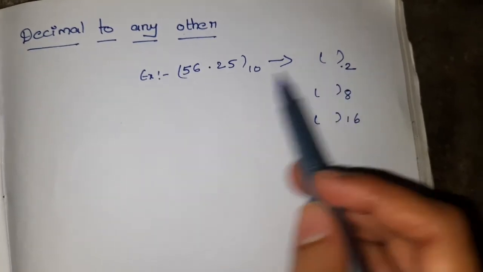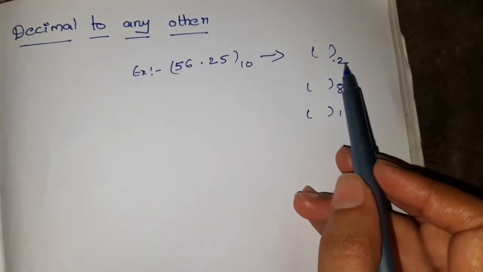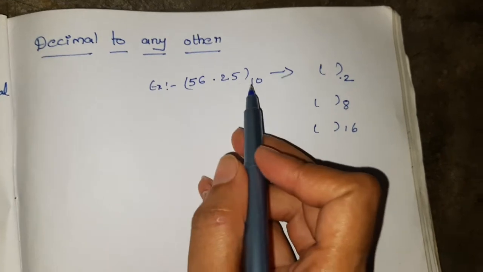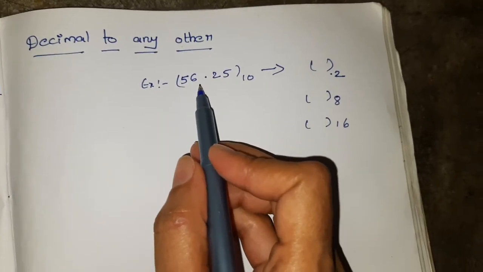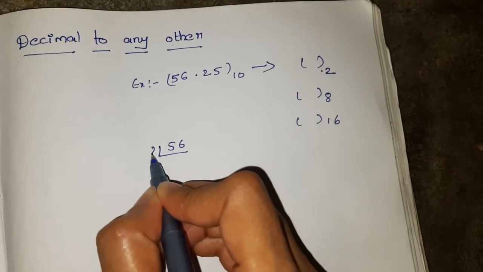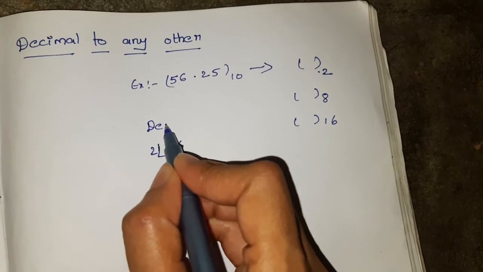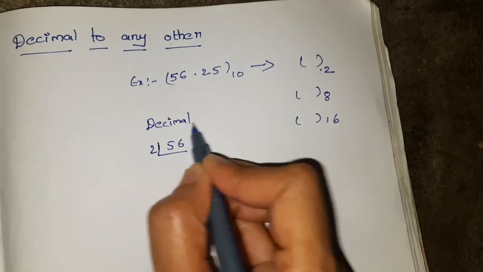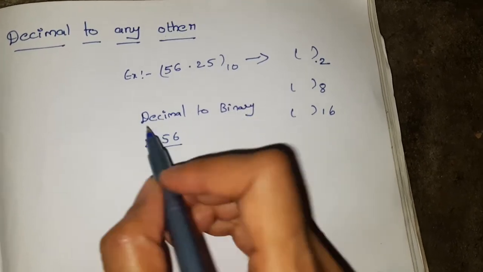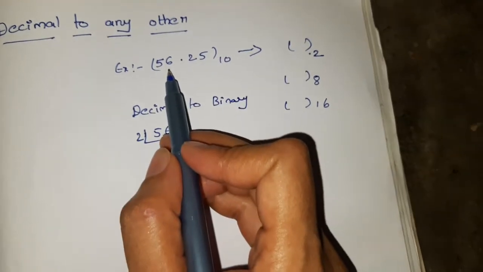First we see the conversion of decimal data into binary. For 56.25, first take the 56.